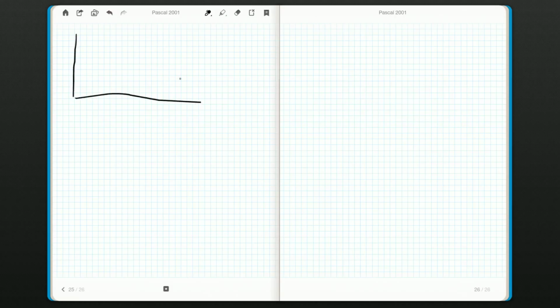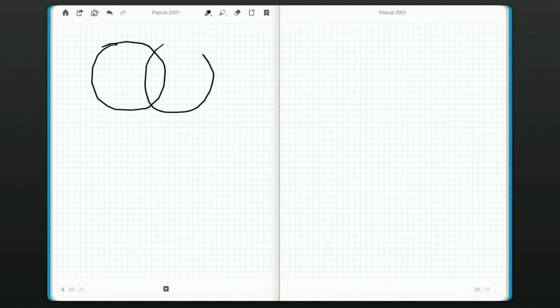You know what? I should probably draw the circles first. And so there's some overlap according to the picture.